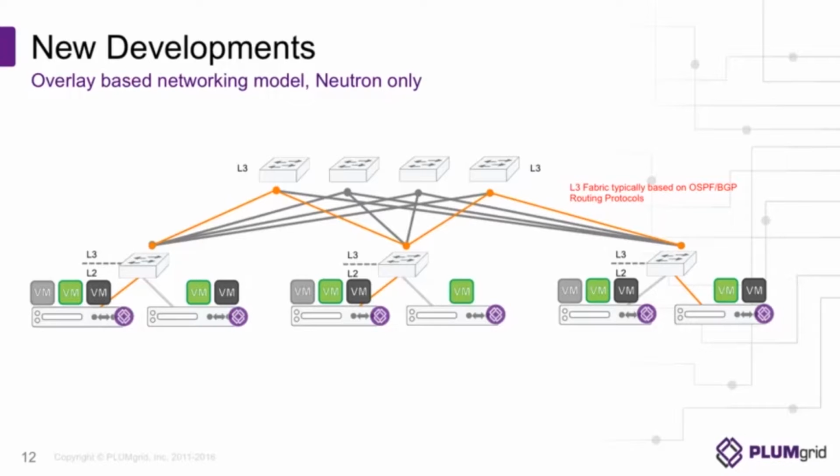Basically, in your overlay-based networking model, you're overlaying MAC-in-IP tunnels onto your physical network, onto your switch fabric. The tunnels you create are depicted as orange links on this diagram. And that's the way you achieve multi-tenancy.